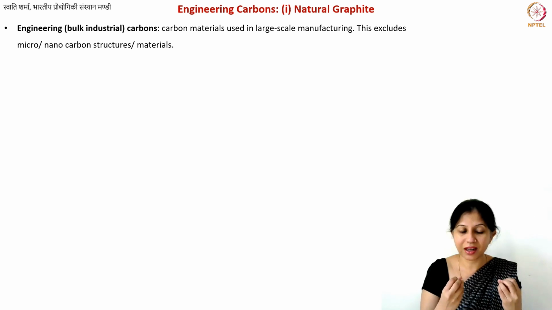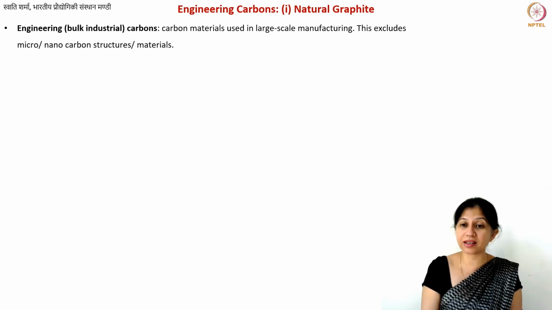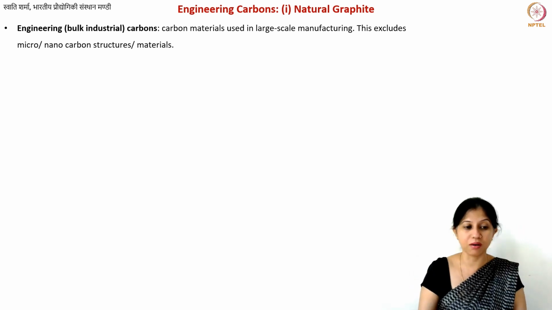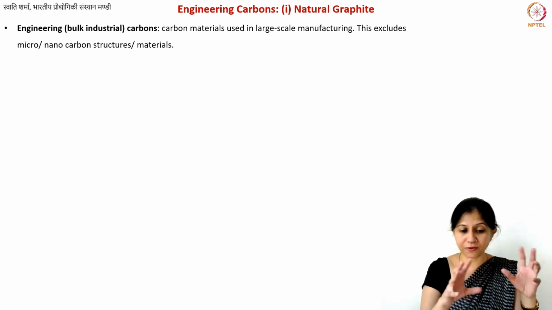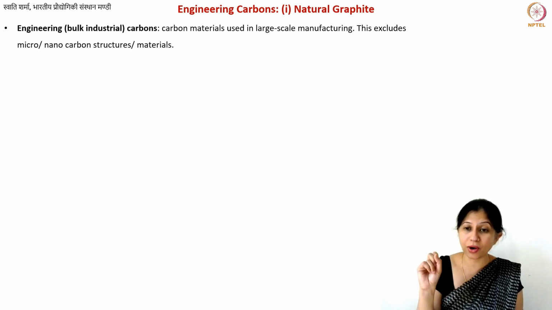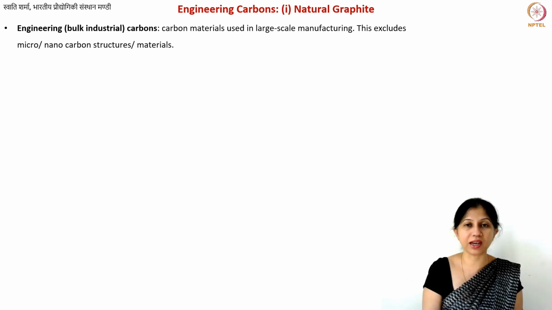It is functional, and then it is known as a device. For example, a copper wire is just a structure. But when you use that wire to complete a circuitry and make a device out of it which can perform a certain function, then your copper wire becomes a component of that device. Similarly with carbon, you can make carbon structures, and then those structures can be used for making devices.